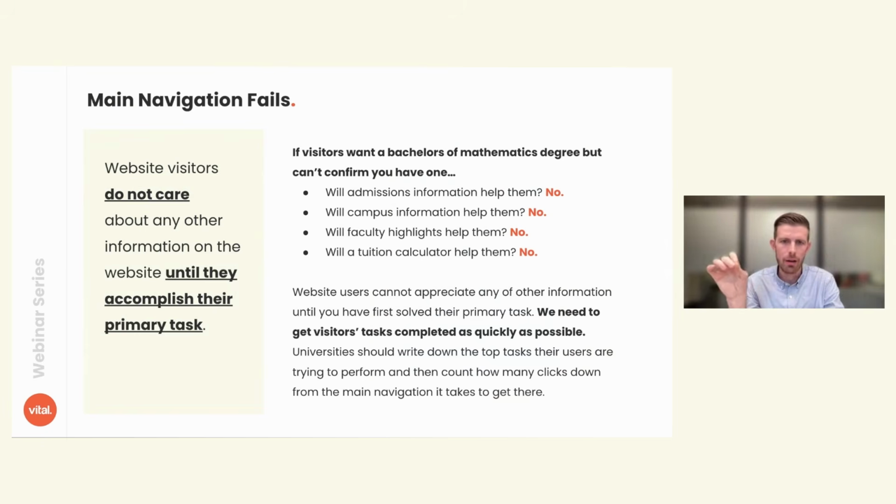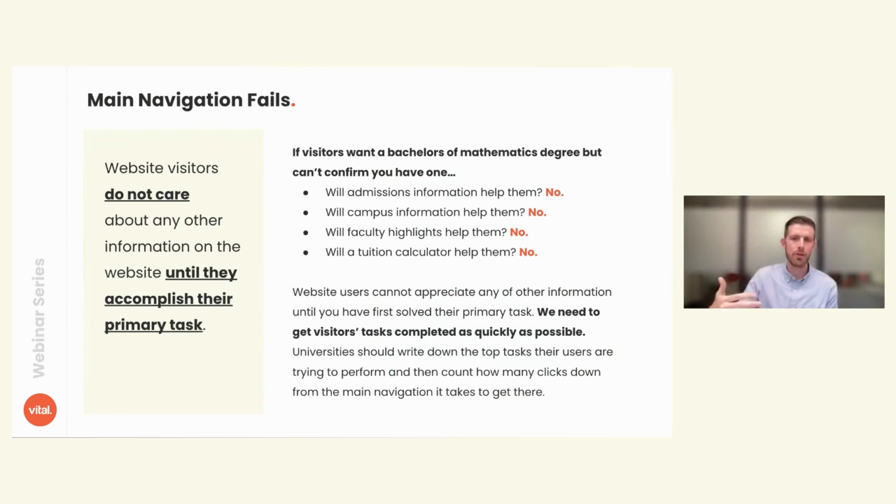They don't care. If a visitor wants a bachelor's in mathematics, but they can't confirm you have them, will admissions information help them? No. Will campus information help them? No. Faculty highlights? No. Tuition calculator? No. Because they haven't figured out if you have the thing they want, so they don't care about everything else.